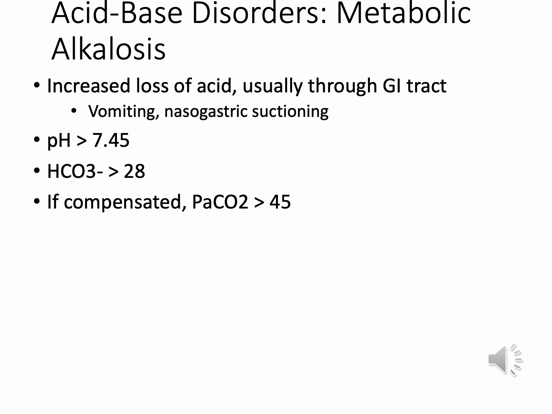Metabolic alkalosis is an acid-base imbalance caused by an increased loss of acid. Most instances of this increased loss of acid are through the GI tract, usually via vomiting or nasogastric suctioning, or through renal excretion. The loss in metabolic acid causes an increase in the arterial pH level, which in turn results in a reduction in the hydrogen ion concentration.